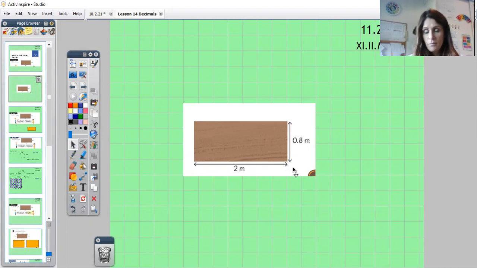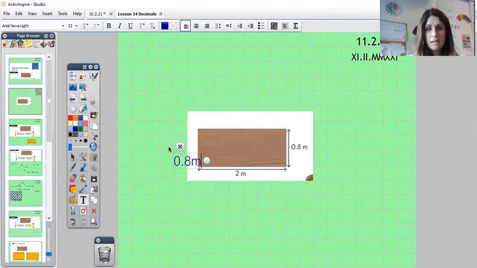Well, first thing is, if I know that it's rectangular, if I've been given this measurement here, hopefully you recognise that you actually also know this measurement here. So I know that this is 0.8 meters long as well, okay? And then the same goes for the longest side. I also know that this is 2 meters long, okay? So that's one thing I could add.